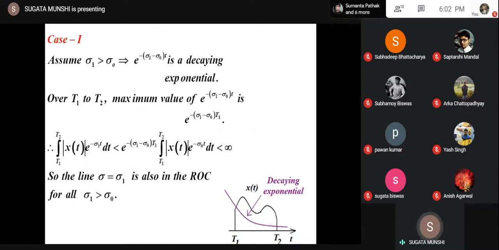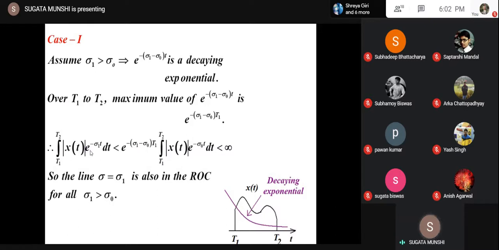So we have to show that this integral is finite. What do I do? Here in the expression, I have replaced e to the power minus sigma 0 t by its maximum value. Once I have replaced it by its maximum value, I have taken it out, because I am considering the maximum value.